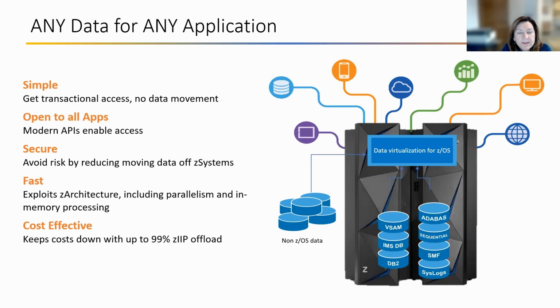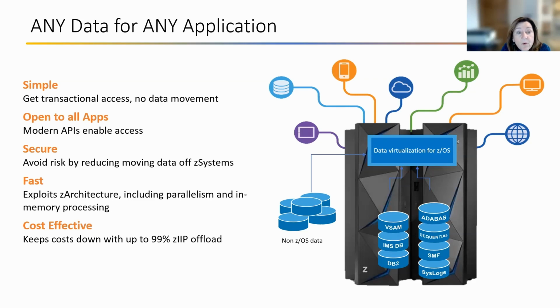This is where the modernization piece comes in. Modern APIs that are enabling access, insulating your developers and others from having to know some of the legacy ways of doing things, so they can use more contemporary methods that they are familiar with. And this will continue to evolve as new languages, etc., come out as well.